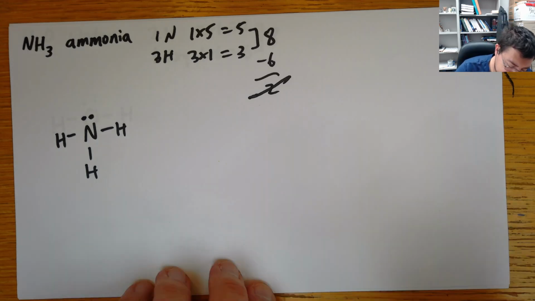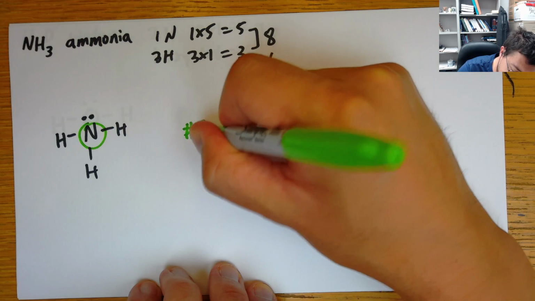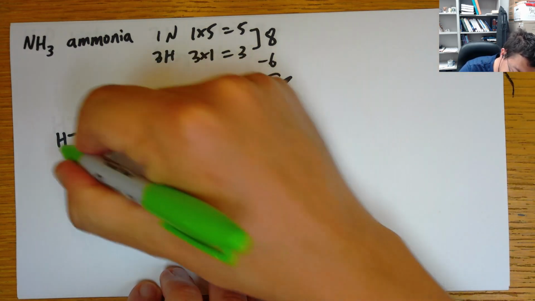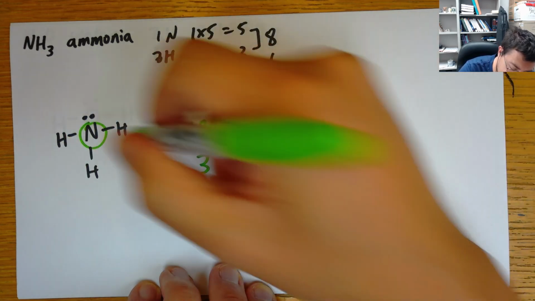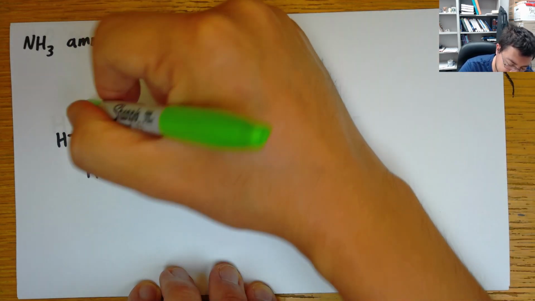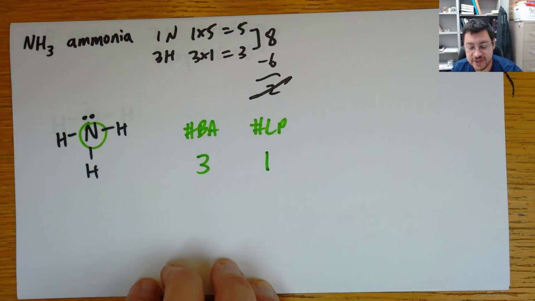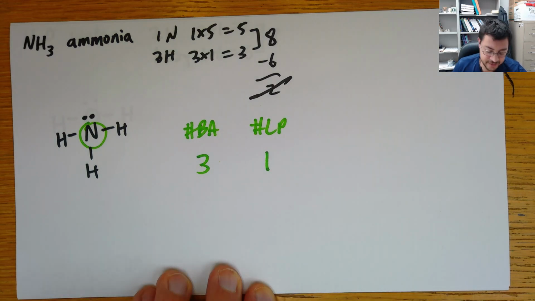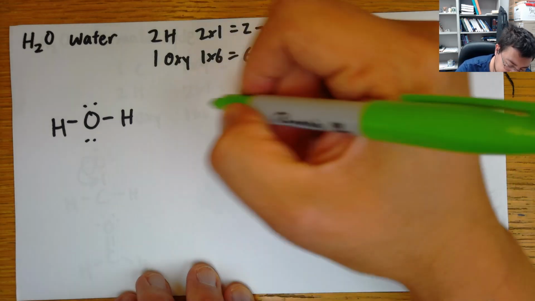All right, so ammonia. Here's our central atom. Number of bonded atoms, number of lone pairs. We can see there are 3 atoms, these 3 hydrogens, 1, 2, 3, bonded, and we see that there's 1 lone pair right there on the central atom, the nitrogen. So this is what I like to call a 3-1 structure. All right, how about water?